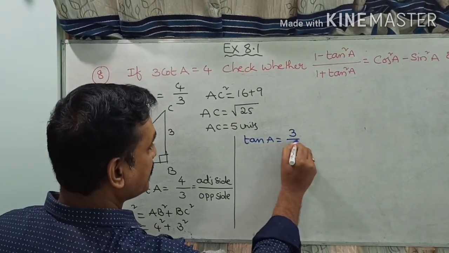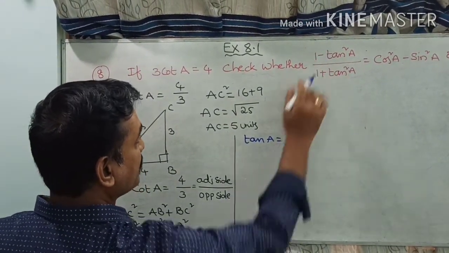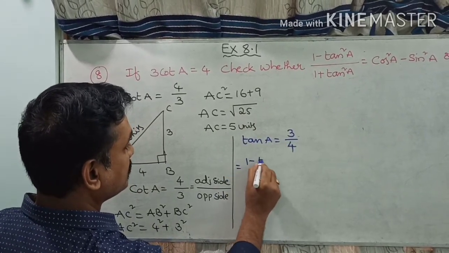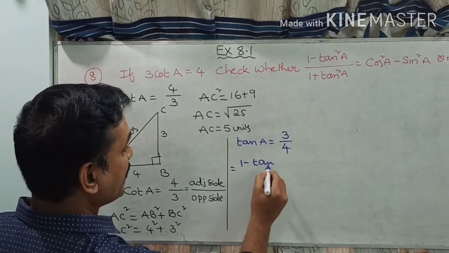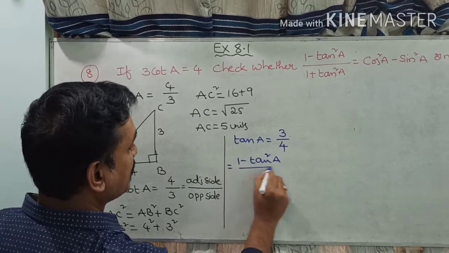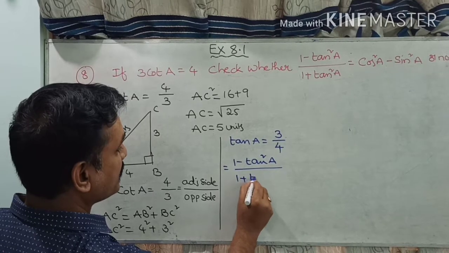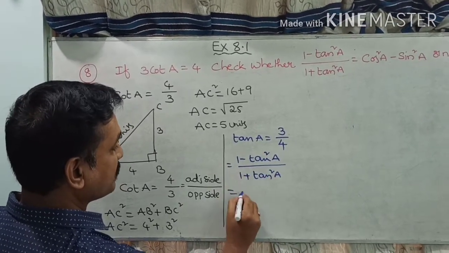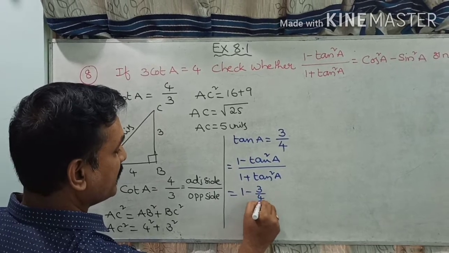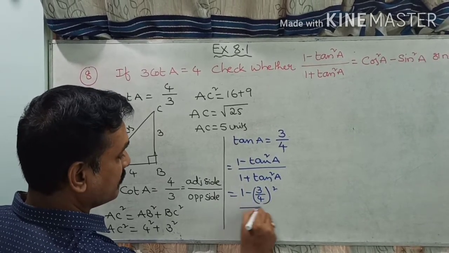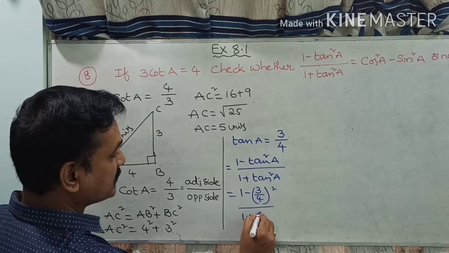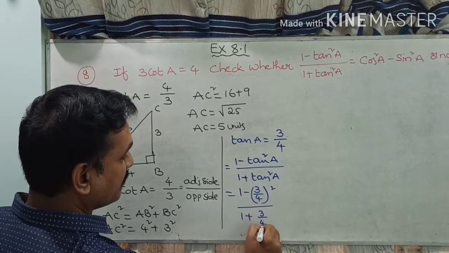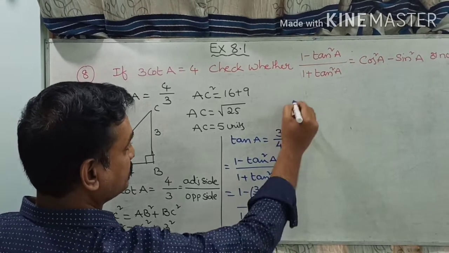So tan A can be taken here as 3 by 4, and substitute in 1 minus tan square A by 1 plus tan square A. LHS: 1 minus tan square A by 1 plus tan square A. 1 minus tan square A is 1 minus (3 by 4) whole square, by 1 plus (3 by 4) whole square.